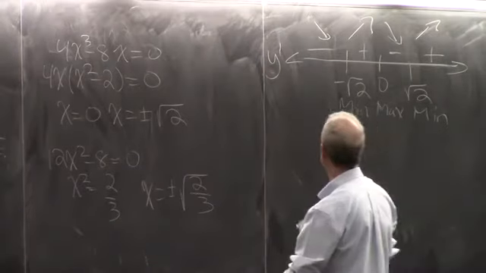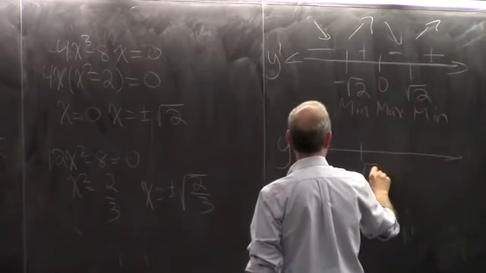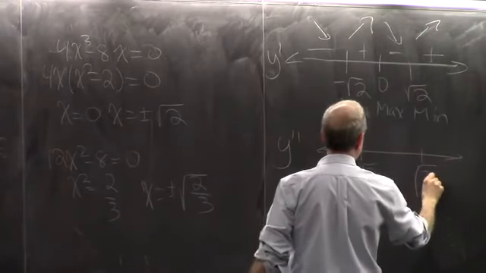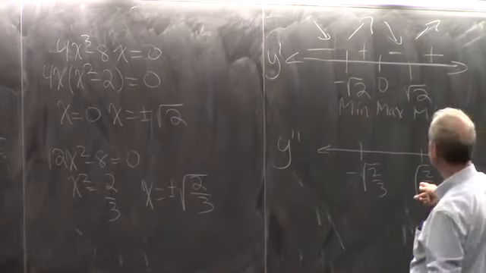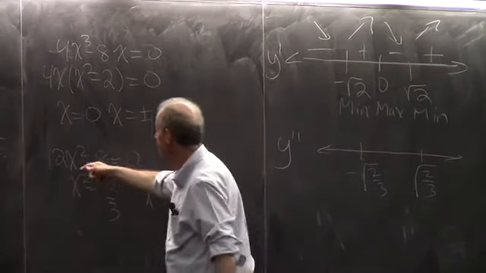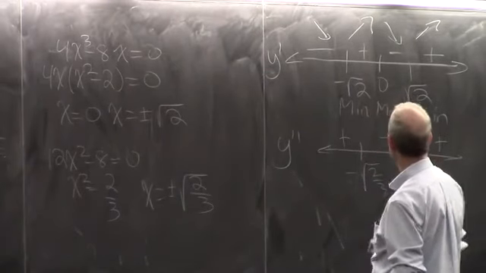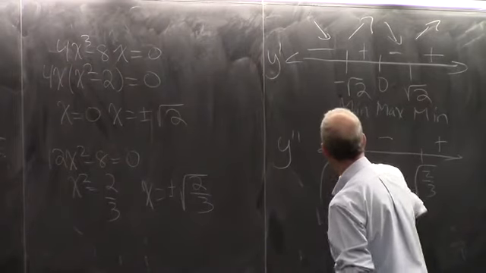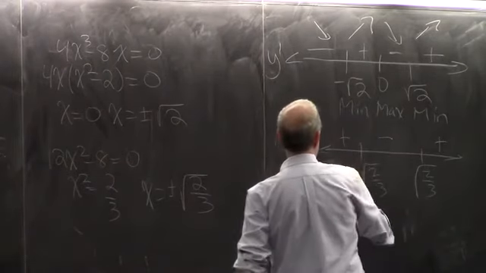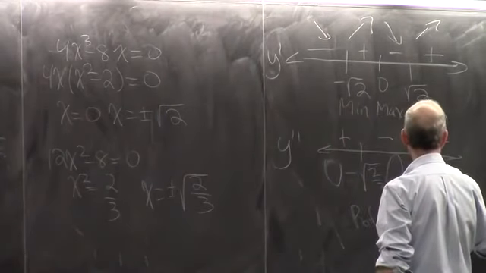Second derivative. We put in negative square root of 2/3 and square root of 2/3. So try a number less than the negative square root of 2/3, like negative 1, and that comes out positive. Try a number like 0, you get negative, and then positive again. So we have 2 points of inflection where it goes from concave up to concave down, and from concave down to concave up.